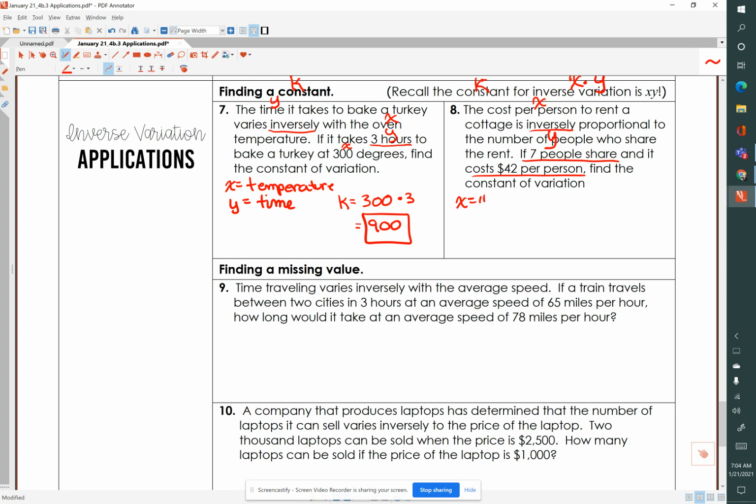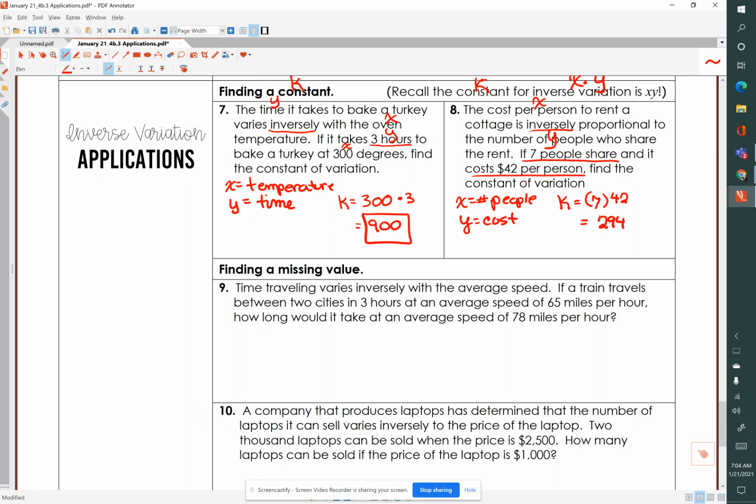So x is the number of people, and y is the cost, and k equals x times y, so k will equal 7 times 42, and 7 times 42 is 294.